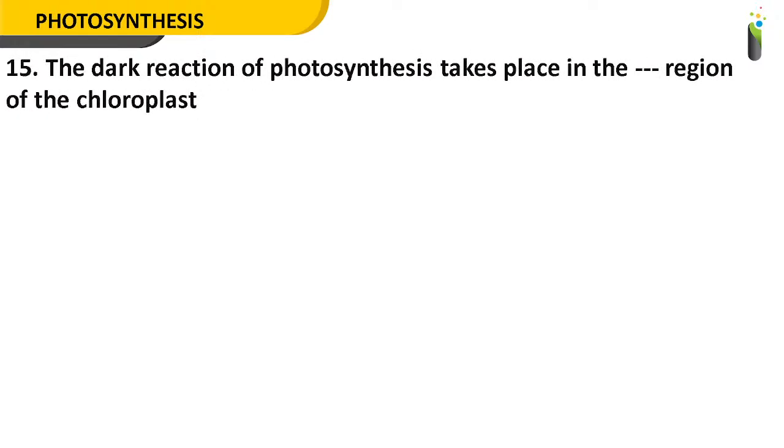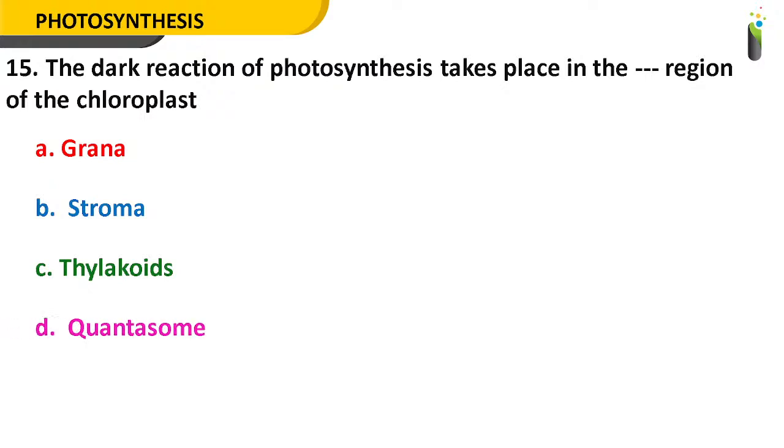Coming to the next question, number 15. The dark reaction of photosynthesis takes place in the dash region of the chloroplast. A. Grana, B. Stroma, C. Thylakoids, D. Centrosome.